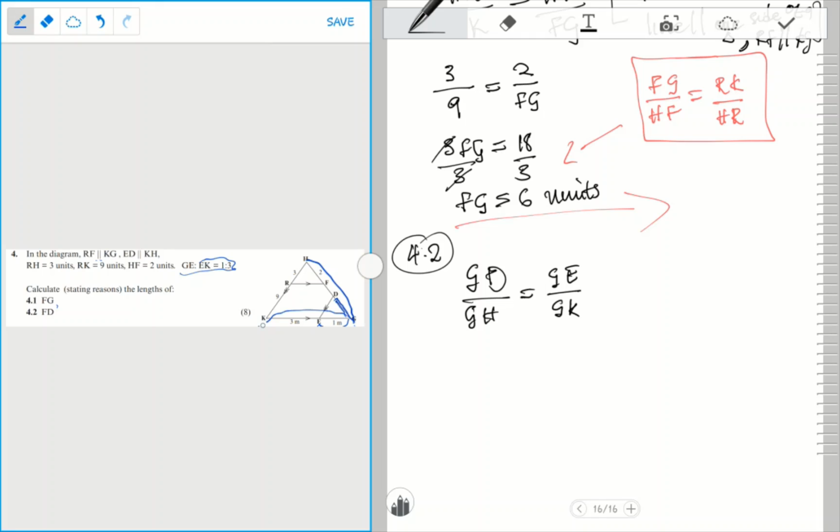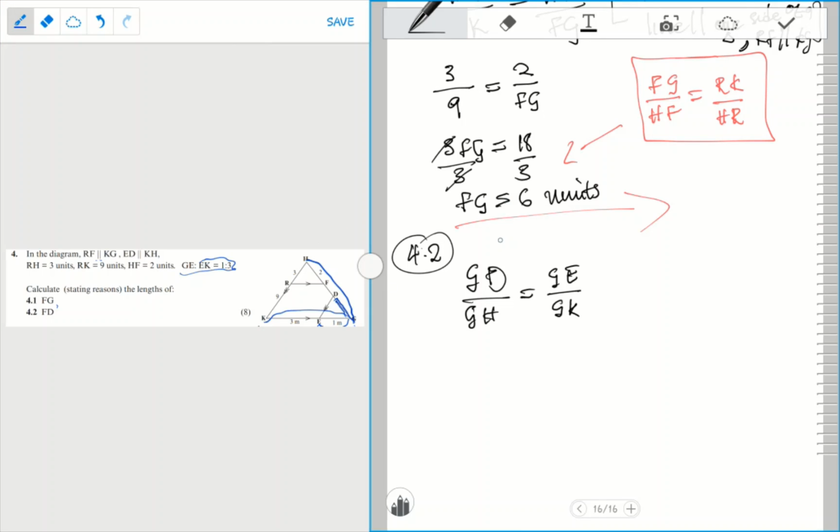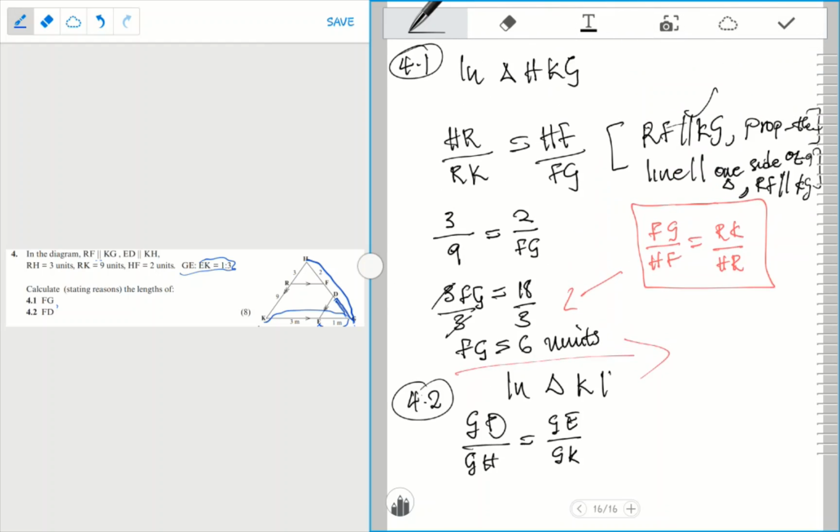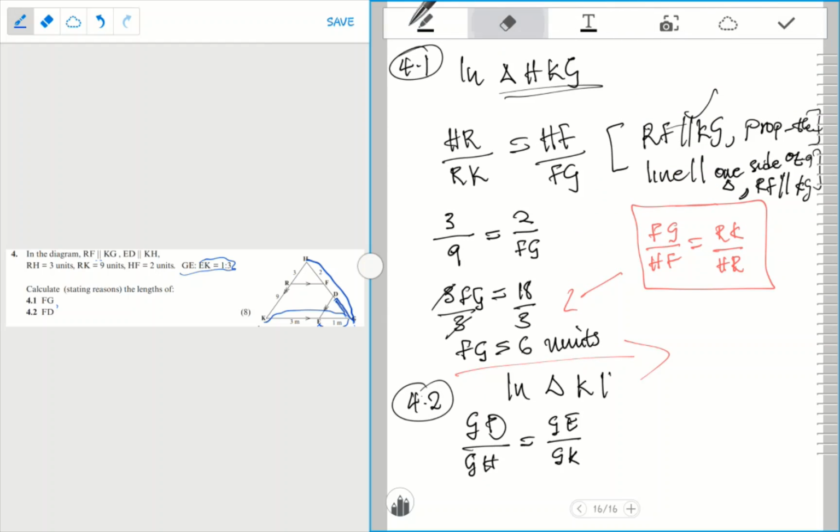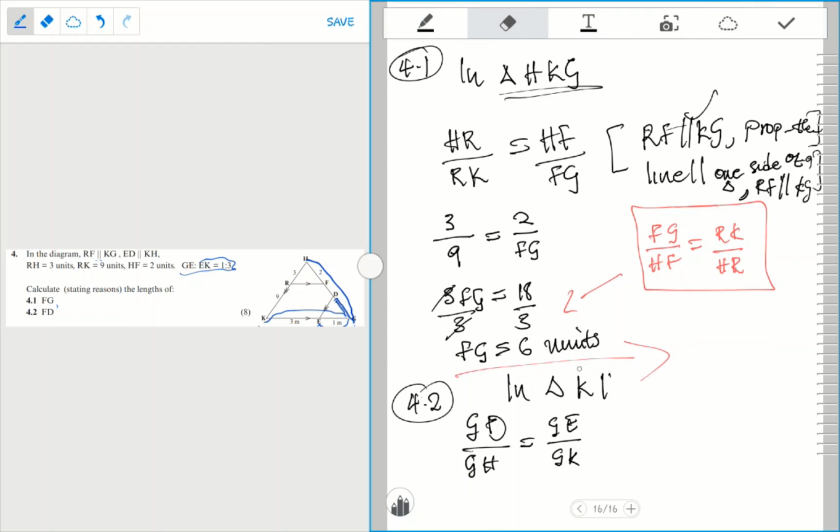Sorry, I forgot to write the whole triangle, pardon me for that, which is triangle HKG. Let me rewrite it here as it was here. It's fine, it's okay.